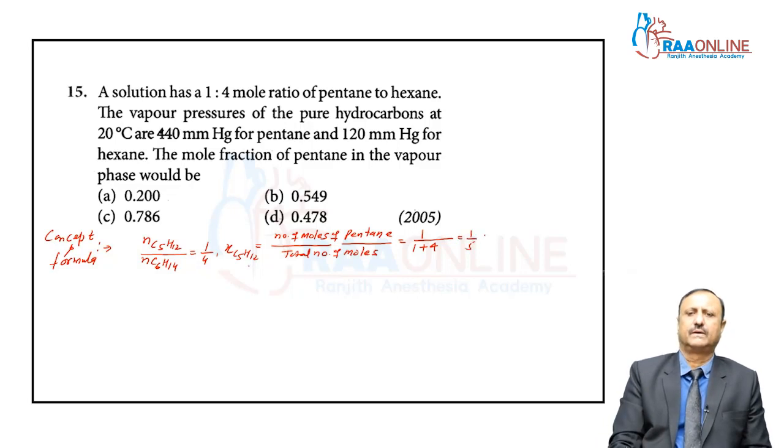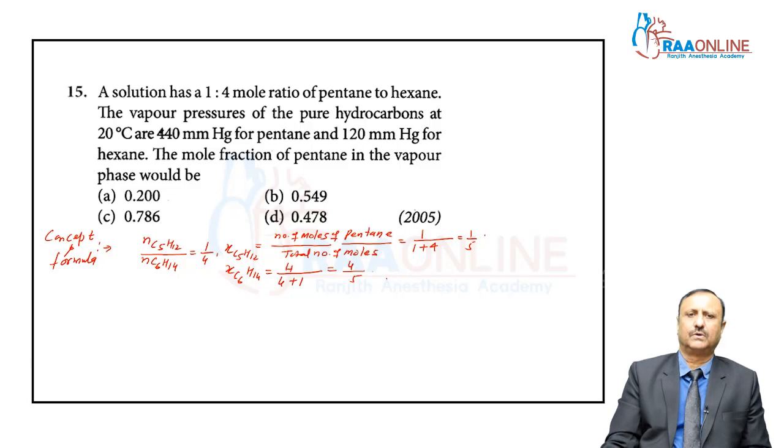In this way, you can calculate the mole fraction of hexane, C6H14, that is the number of moles of hexane, 4, upon the total number of moles, 4 plus pentane 1. So you can get 4/5. 4/5 is the mole fraction of hexane.